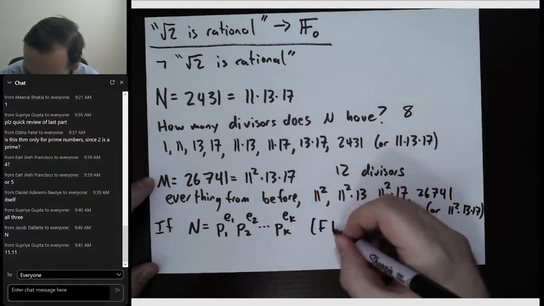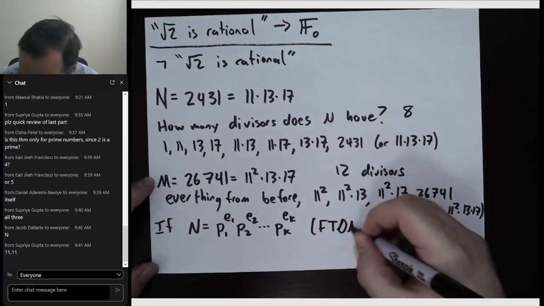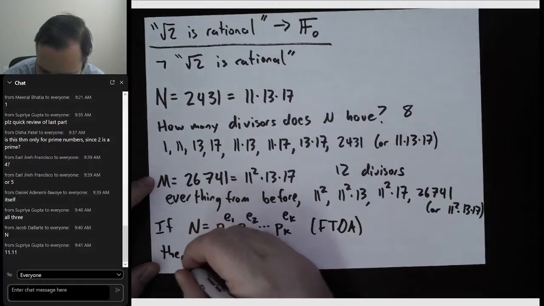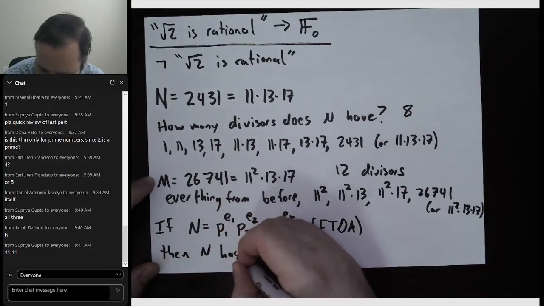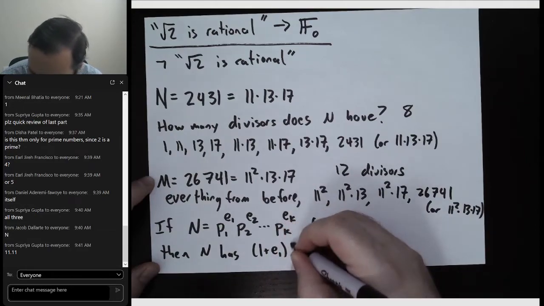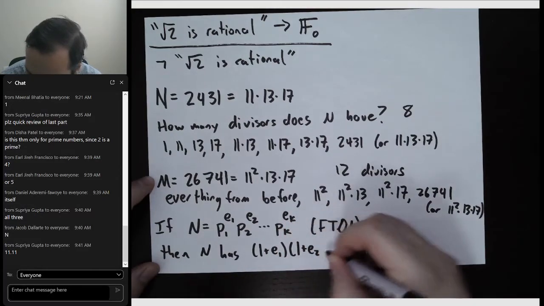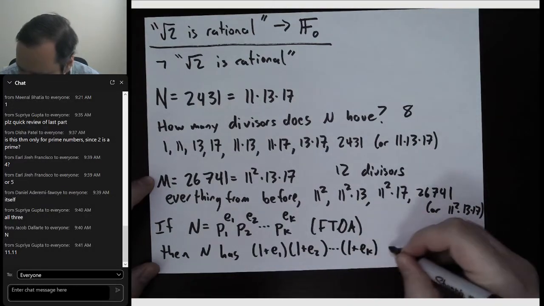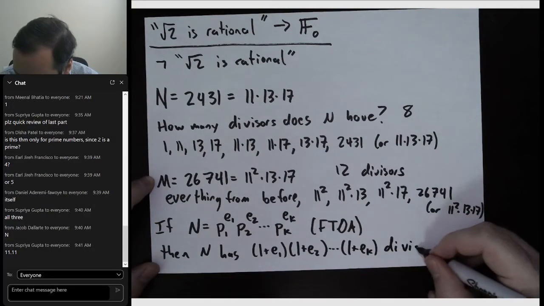This is from my fundamental theorem of arithmetic. Then n has (1 plus e1) times (1 plus e2) all the way up to (1 plus ek) divisors.